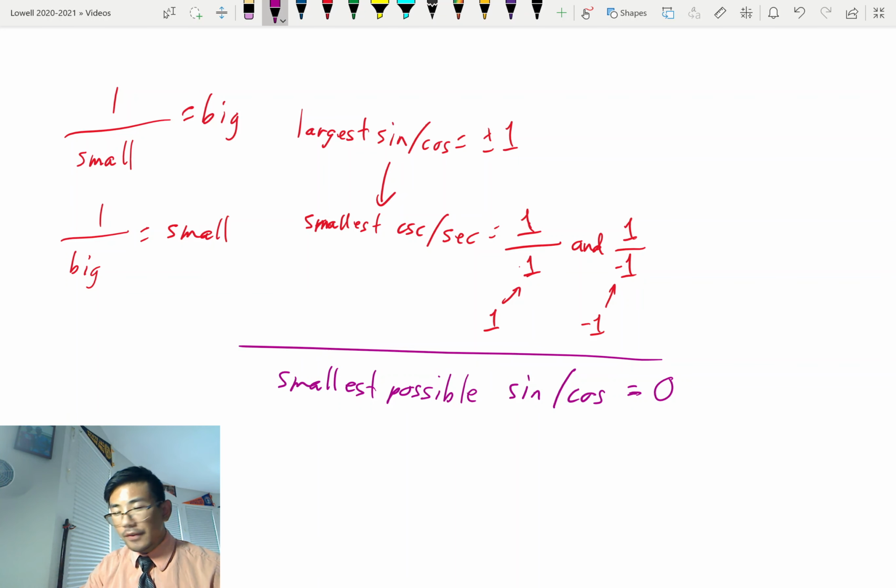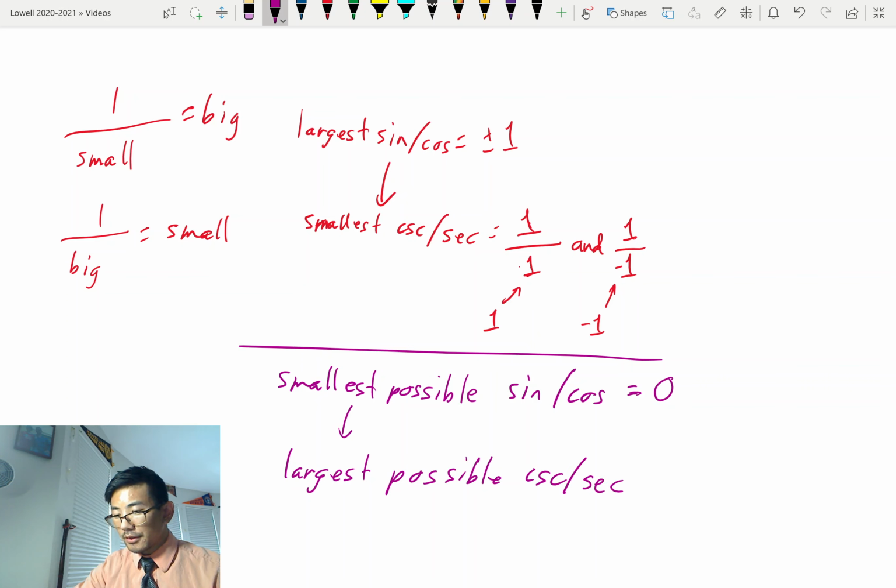Well, if that's the case, then the largest possible secant and cosecant would be 1 over 0. But we can't quite do 1 over 0, because that's undefined.